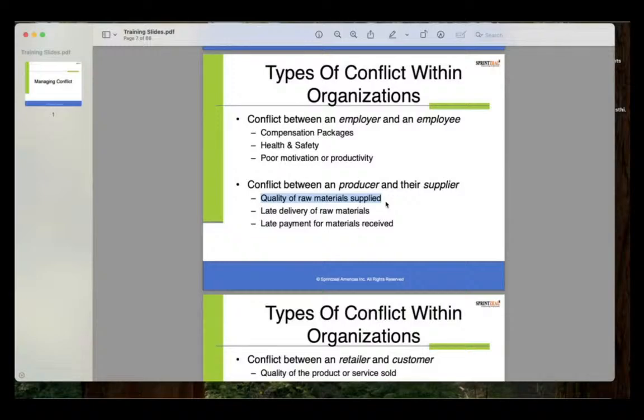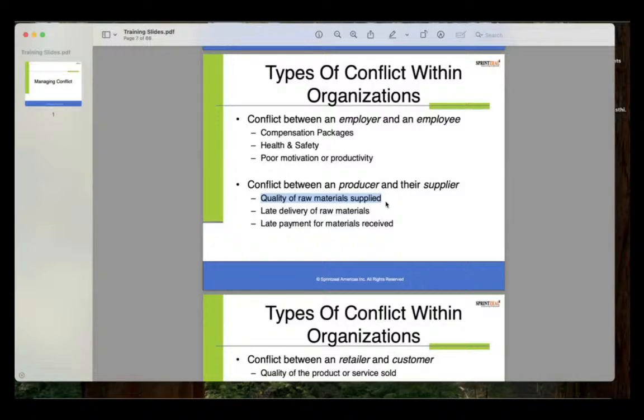Similarly, the definition that we have learned: the first party thinks that the interested party's action or work can affect the first party in a negative way. So if the quality of the raw material is bad, then the first party's process or the whole work is going to be affected negatively, and that is when the conflict arises.